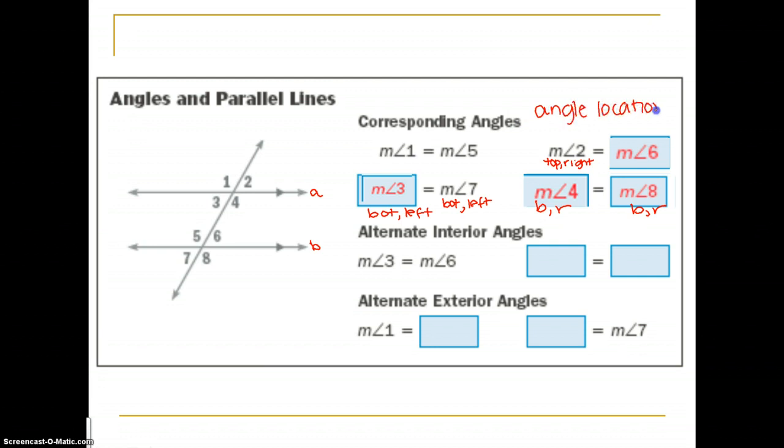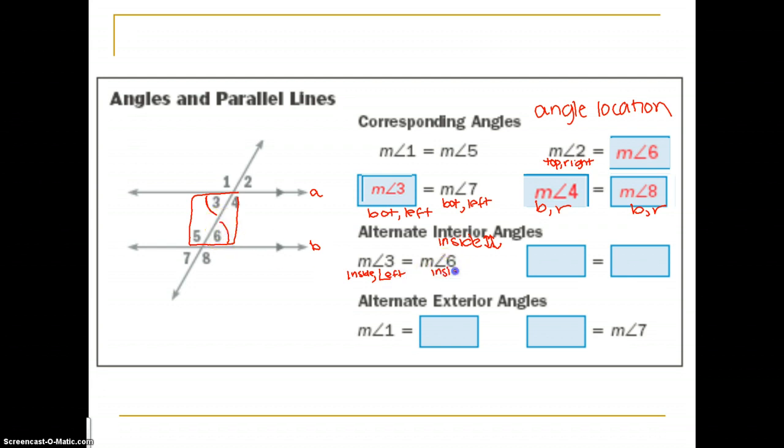Alternate interior angles. Okay, remember interior means inside. So it's inside, I'm going to put parallel lines. Put 2 lines inside your parallel lines. Well, that's going to be these numbers. However, they're alternating. So for example, angle 3 is on the left of the inside. Okay, so inside left. Angle 6 is inside right.